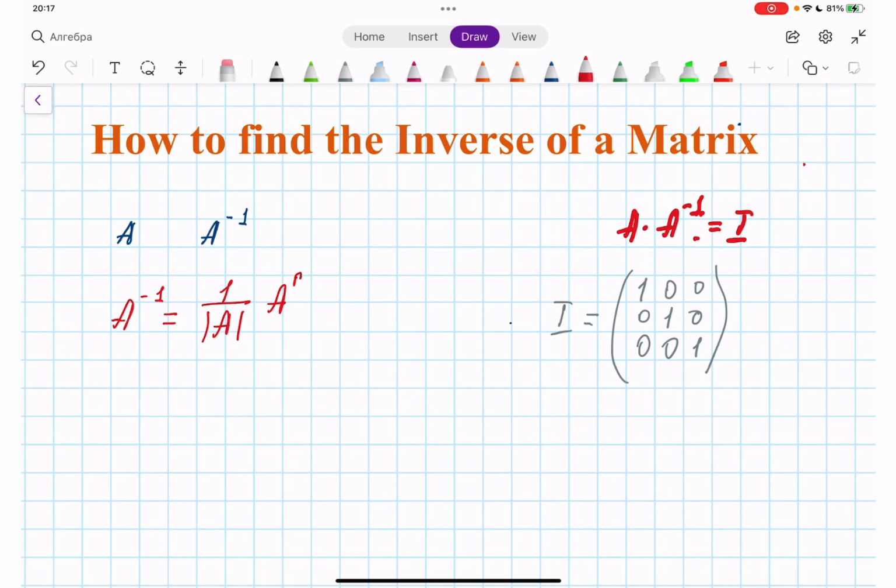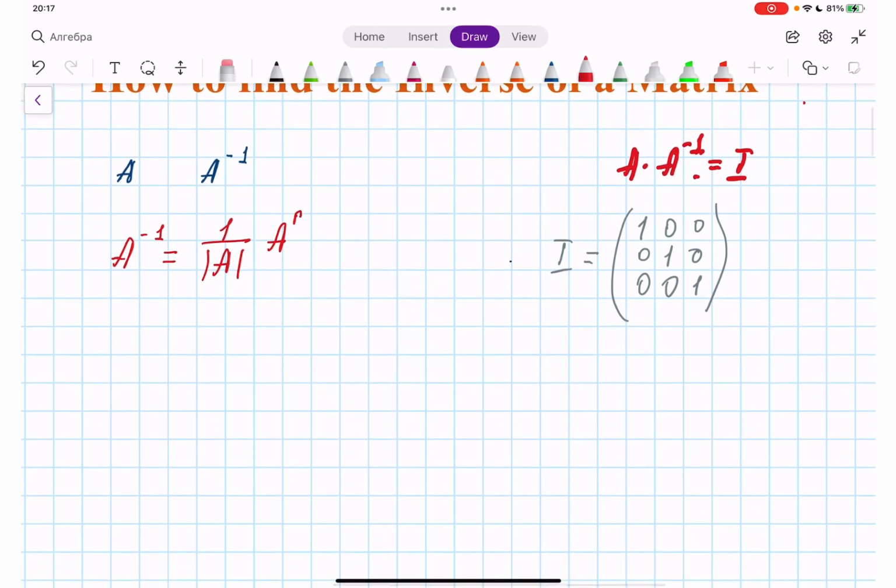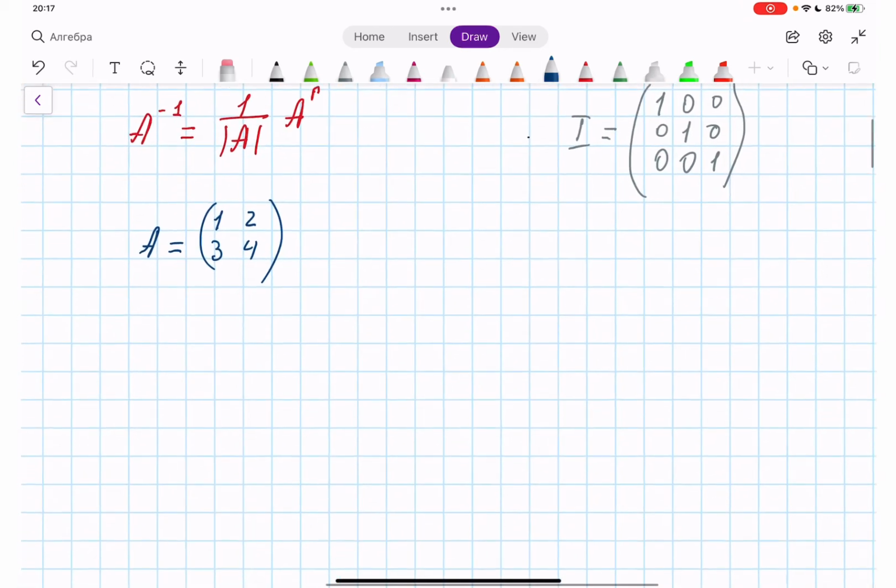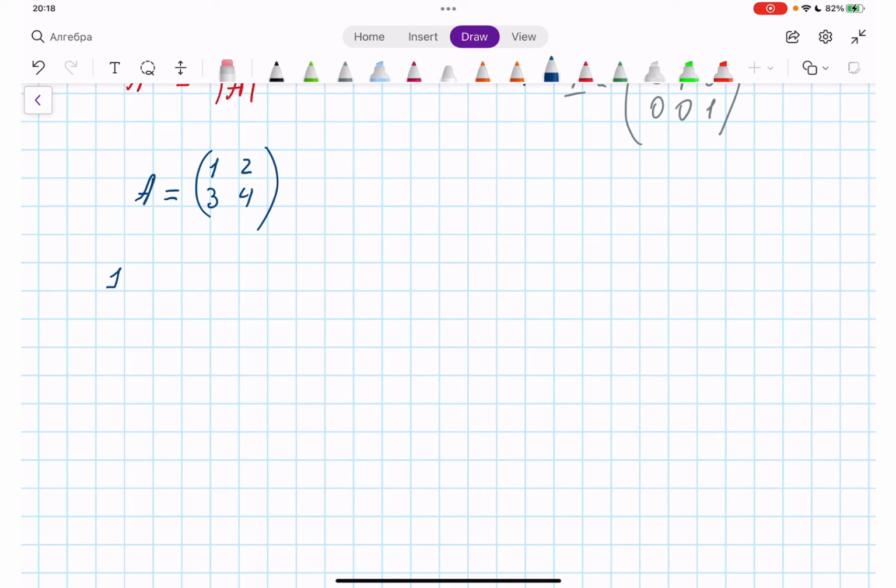All right, so let's use an example, 2 by 2, starting with the easy case. Matrix A is equal to 1, 2, 3, 4. First, step number 1, we need to find the determinant.